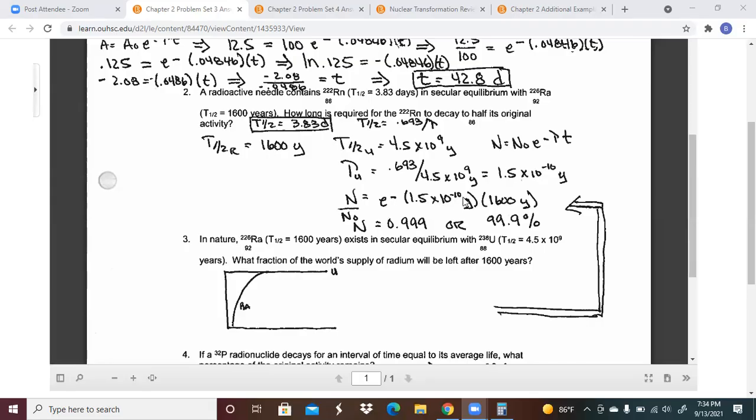So you take 1.5 times 10 to the minus 10 years to the minus 1 times 1600 years, put a negative on it, exponentiate with that exponent, and it turns out the fraction here, which they need to denote, is equal to 0.999, or if you change that to a decimal, 99.9%. In other words, almost all of it.